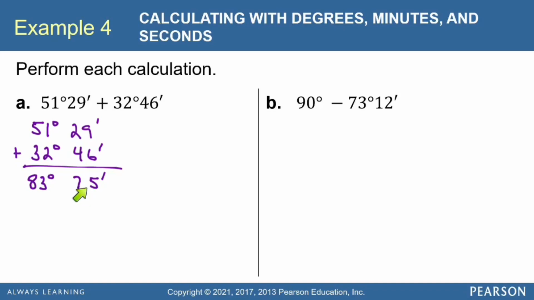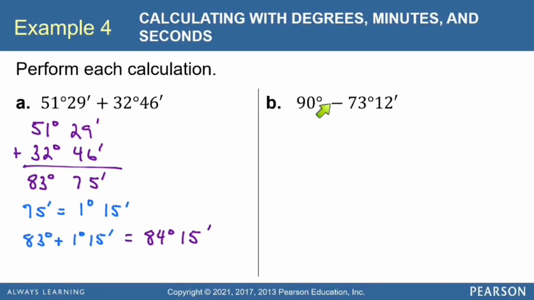In fact, 75 is 60 plus 15, so 75 minutes is 1 degree and 15 minutes. 60 of our minutes make this 1 degree. So now, instead of 83 degrees and 75 minutes, let's combine the 83 degrees with the 1 degree, and we'll have 84 degrees and 15 minutes.